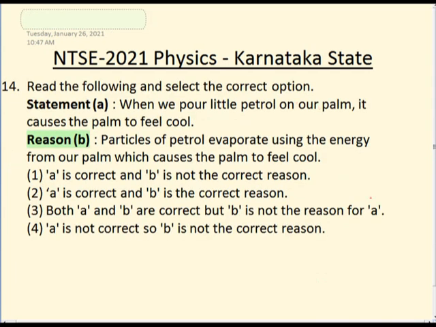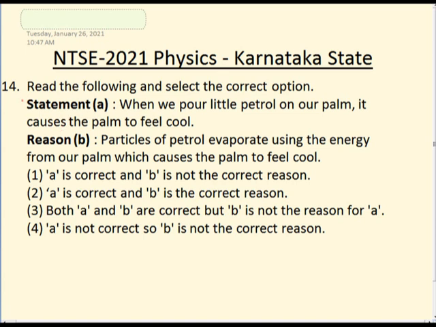Coming to the 14th question, it says, read the following and select the correct option. Okay. So the statement says, when we pour a little petrol on our palm, it causes the palm to feel cool. This is right.